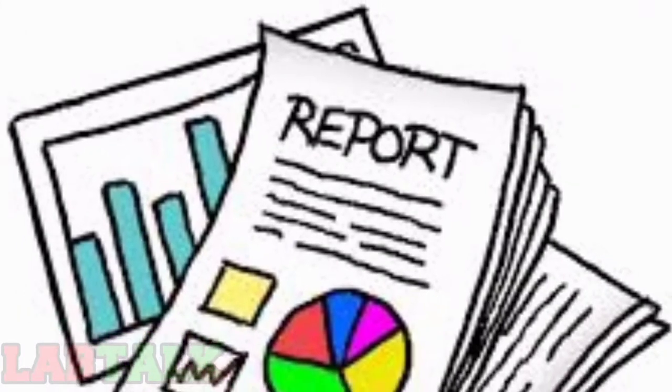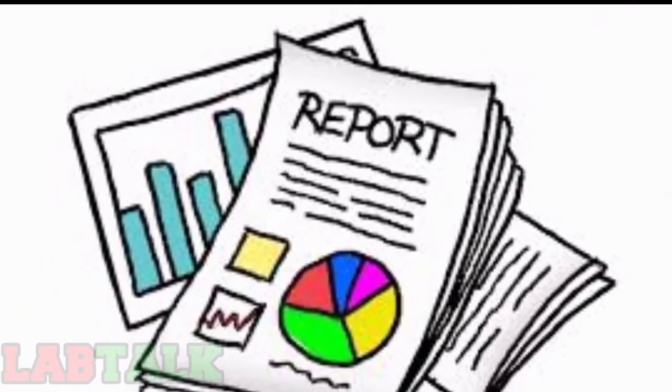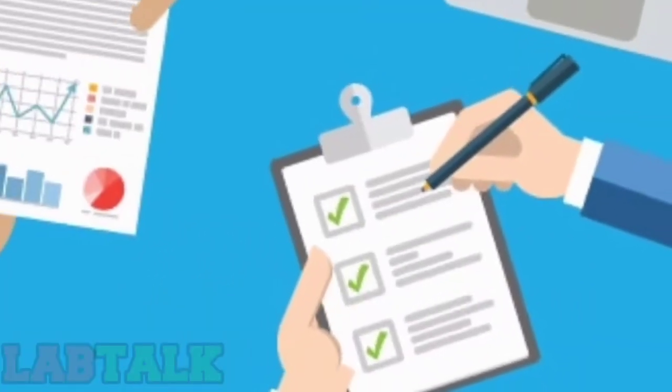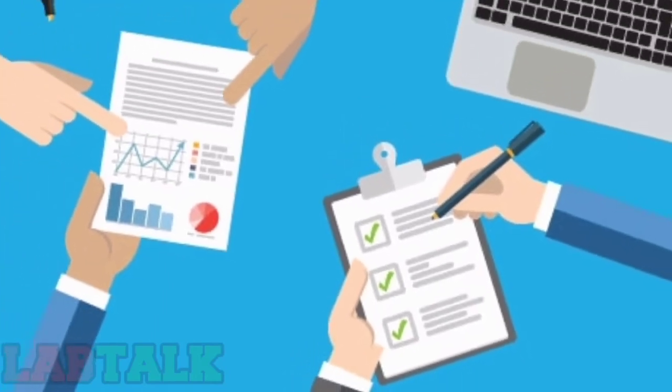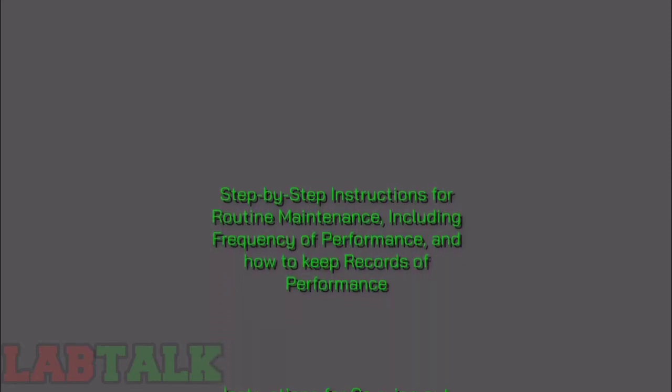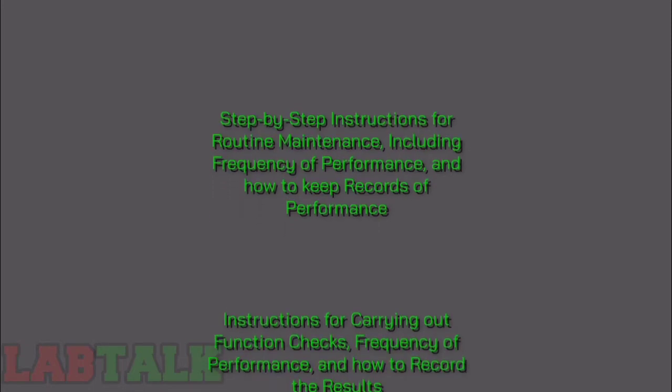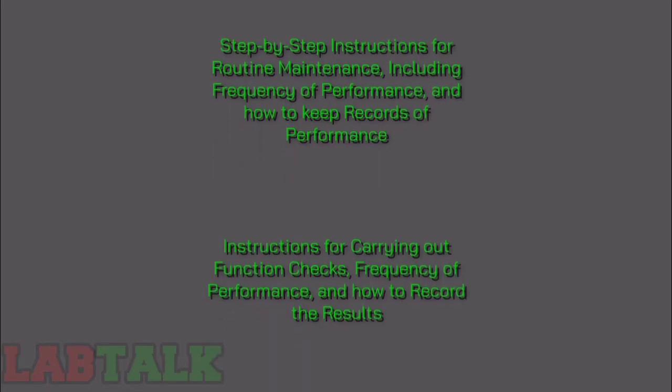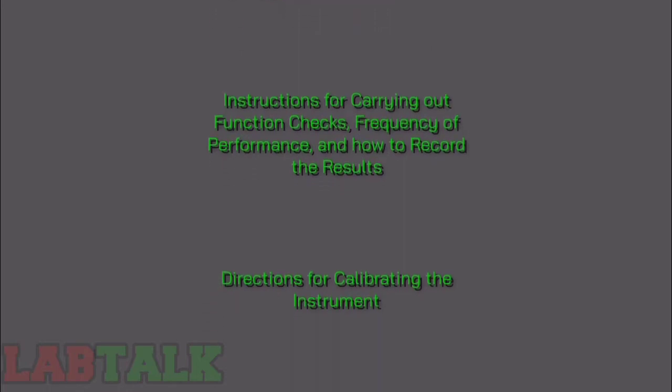Now, when we say documents related to equipment, what documents should be maintained, or what should these documents include? An equipment maintenance document should include step-by-step instructions for routine maintenance, including frequency of performance and how to keep a record of performance. It should also include instructions for carrying out function checks, frequency of performance and how to record the result.